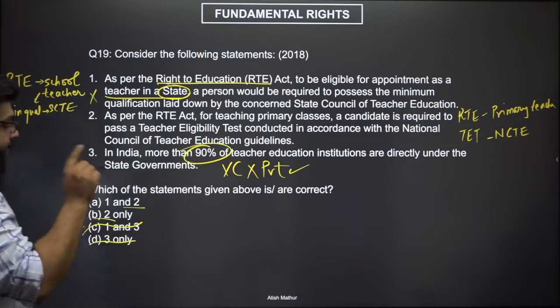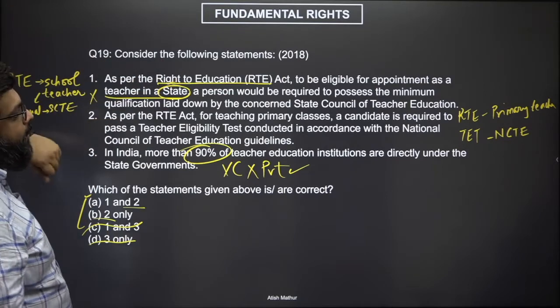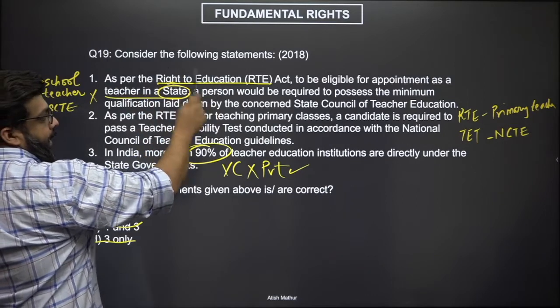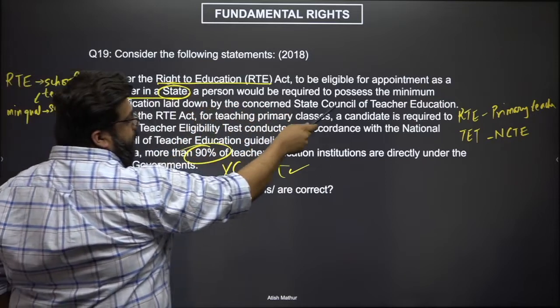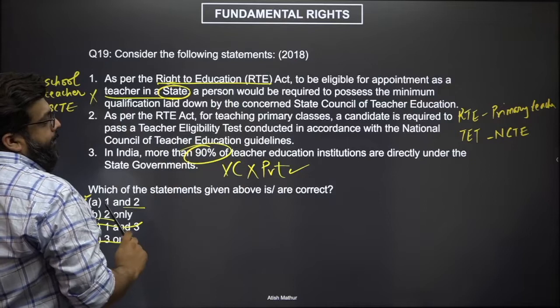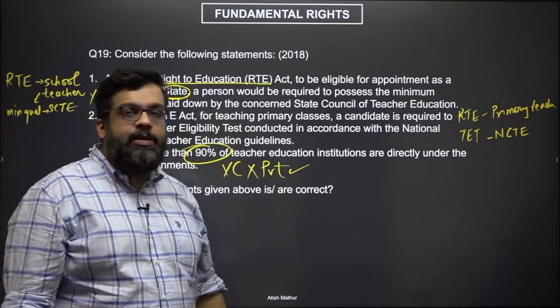Let me tell you why this is contradictory. Because RTE is a national law. If it is a centrally made law, then how would you ask it to conform to a state regulator's guidelines? And second, this would also mean recruitment of teachers in government schools.